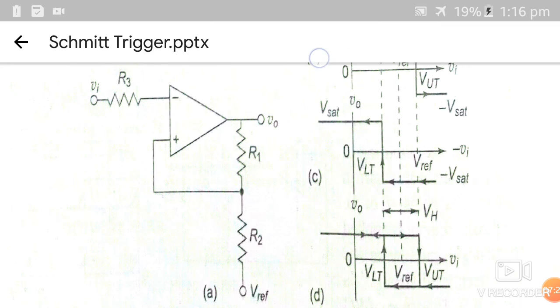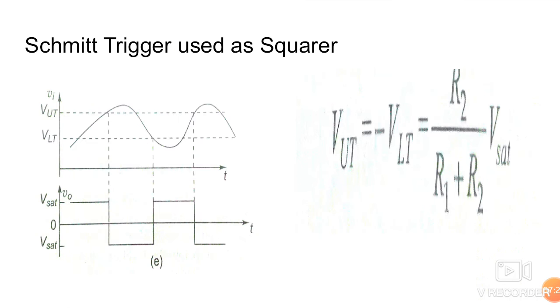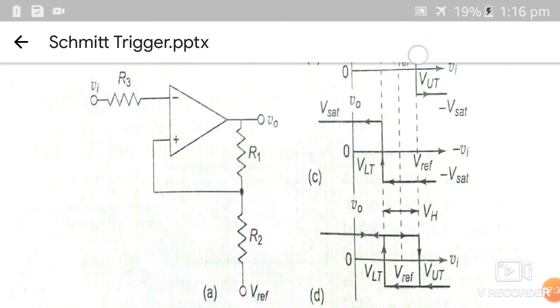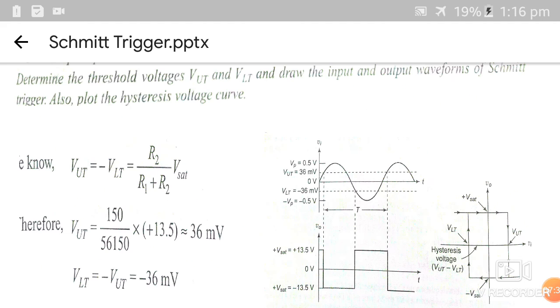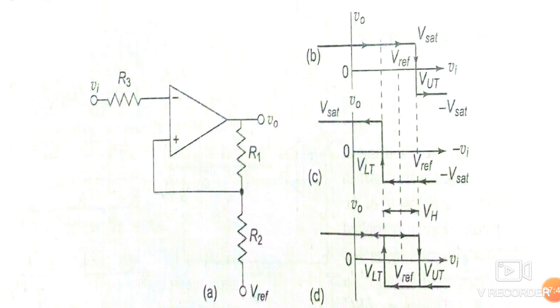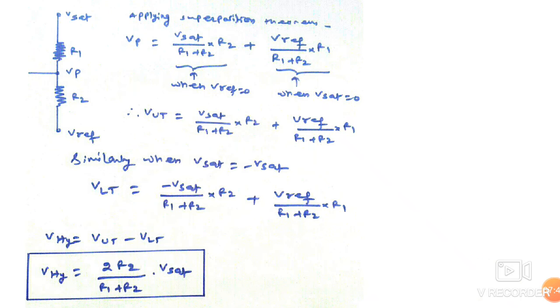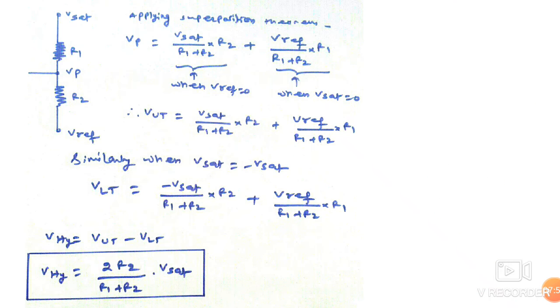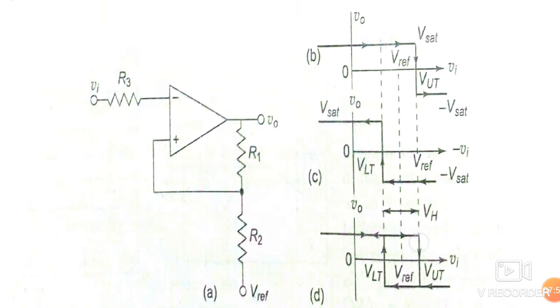So when the output was in the starting state, initially when the output was plus Vsat, it triggers at VUT, and when the output was minus Vsat, the circuit triggers and its output goes to plus Vsat.